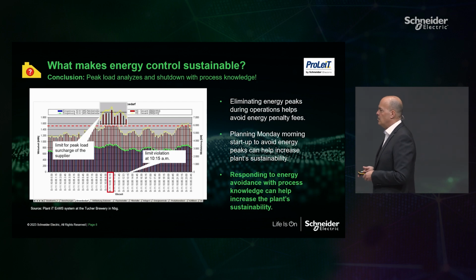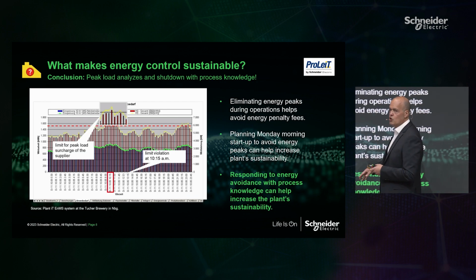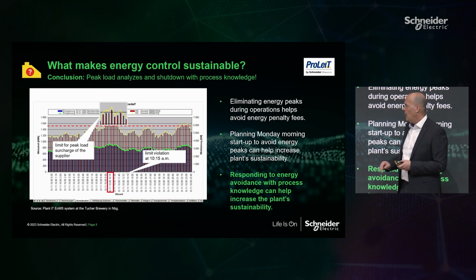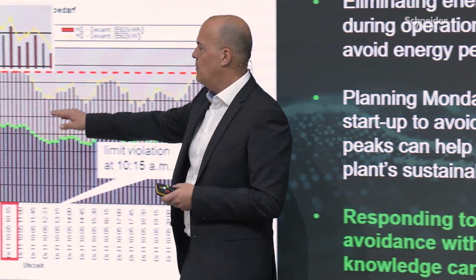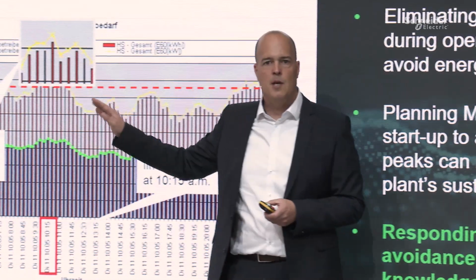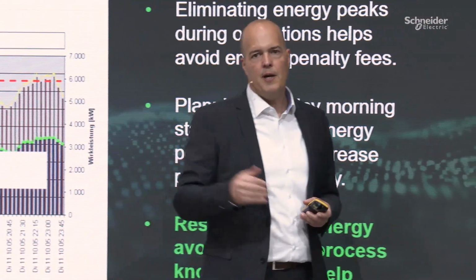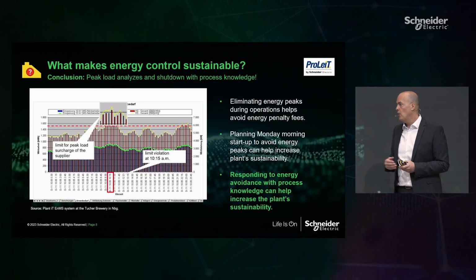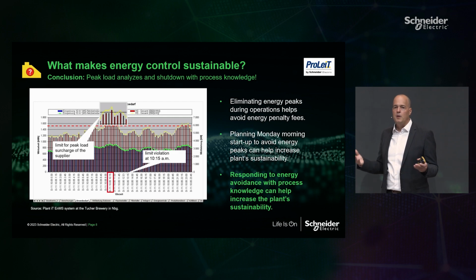Here we can have a look at the details. Like usual, we count the energy consumption in 15-minute peaks, and when the system recognizes, okay, there's a trend, there's an upward trend, you can prioritize the units which you can shut down. It's not only about the cooling. Here, for example, it was also the climate control. It could be the lighting.